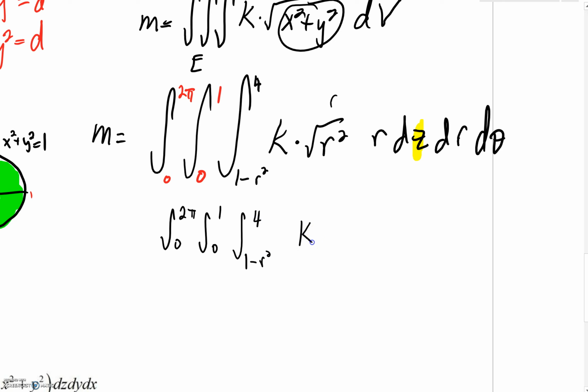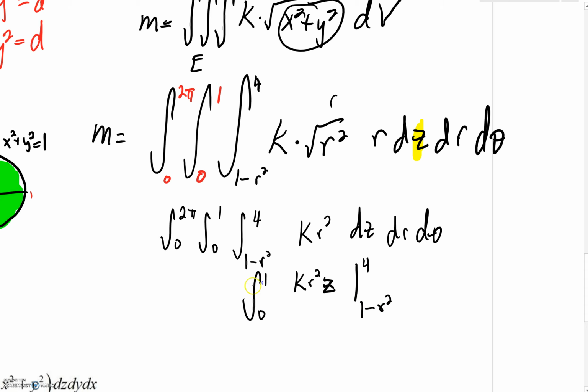So we'll have K R squared, and then we have to take our antiderivative with respect to Z. So we'll have K R squared Z, and we'll be plugging in a 4 and a 1 minus R squared. And then we still have our double integral over here.